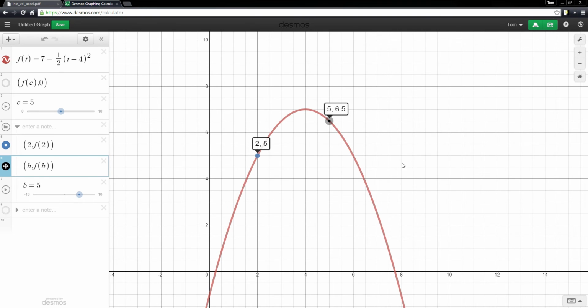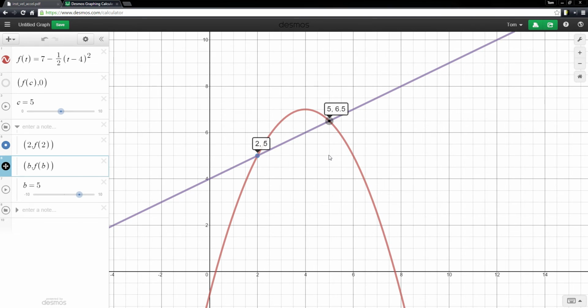Okay, so that's what those 2 points on the graph of the actual position function would look like, right? And then I can think about the line joining those 2 points right there. Okay, so those 2 points on the position function, and then what I want to do is calculate the slope of that line through those 2 points. So if I do that, and remember each one of these is a half in this scale right here, so this would be 1 unit, right? That would be 2 units, and this would be 3 units here, right?